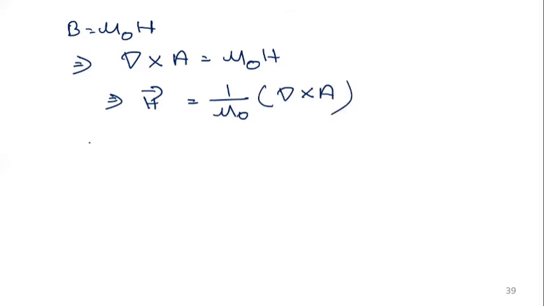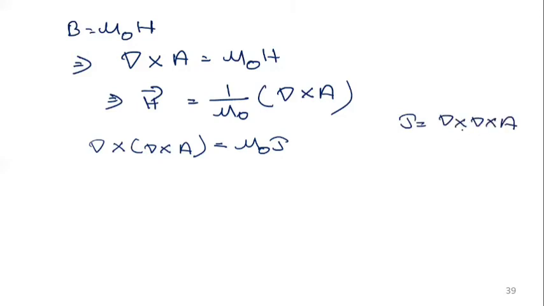Then also we can write del cross A is equal to mu 0 into J, or you can write J is equal to del cross A divided by mu 0.